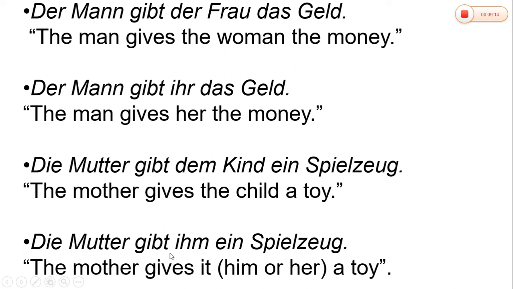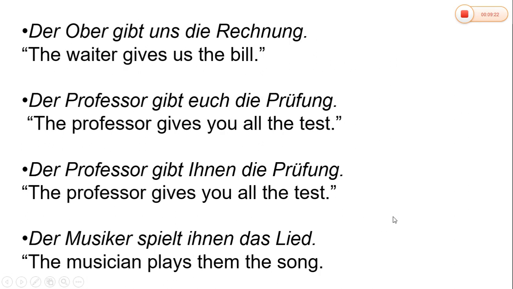Die Mutter gibt ihm ein Spielzeug. The waiter gives us the bill, or rather the waiter gives the bill to us. Der Ober gibt uns, which came in place of to us, die Rechnung.